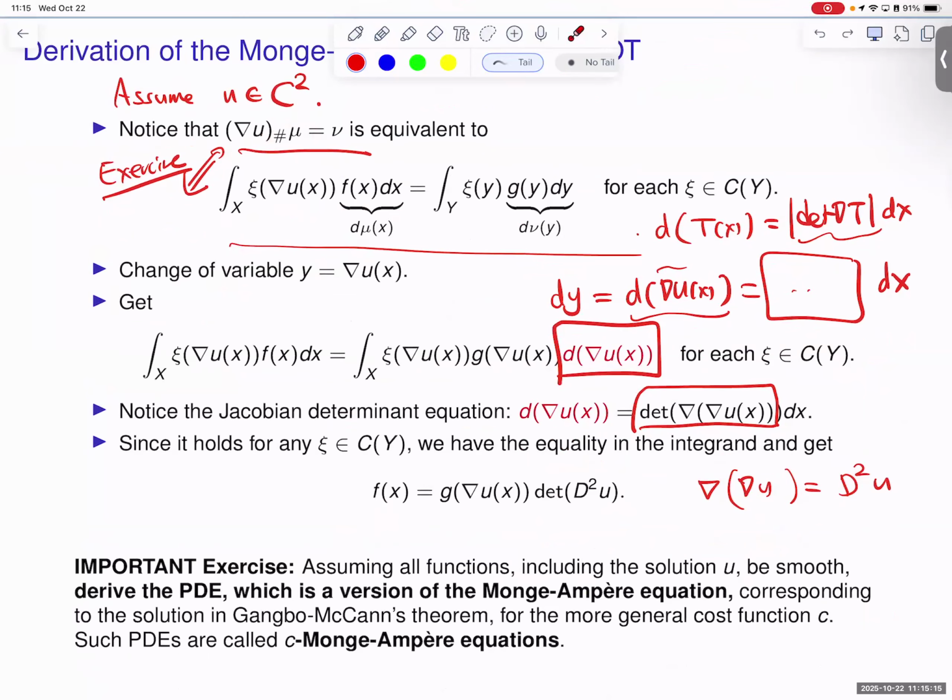So I want you to derive such an equation, okay? In the context of Gangbo-McCann's theorem, derive a PDE for your Brenier-type solution. That should be a very nice exercise for you. Question?